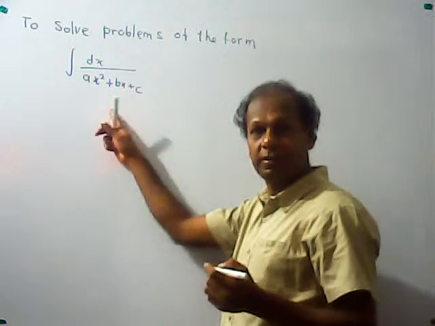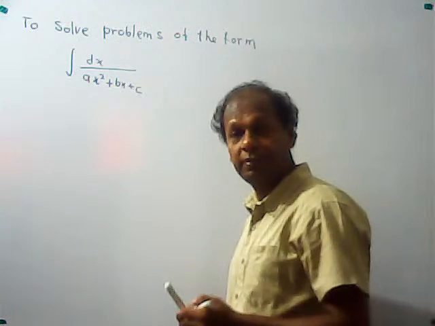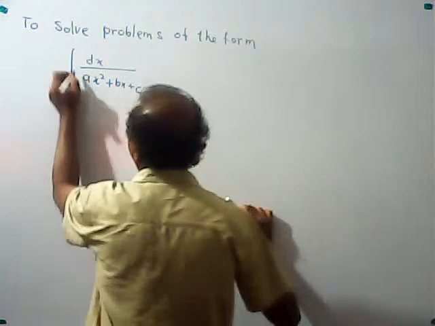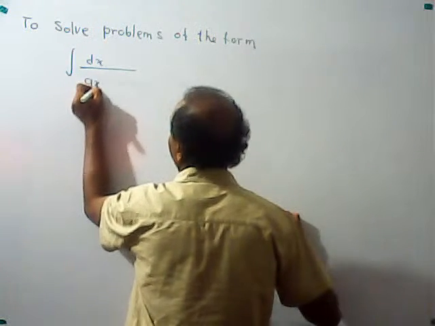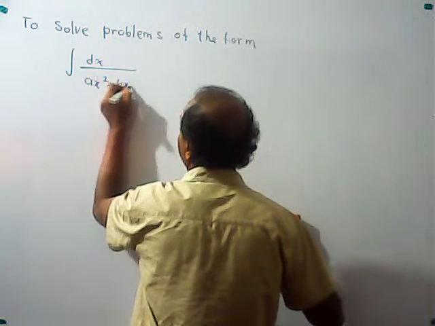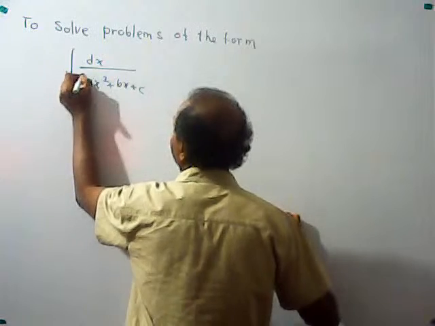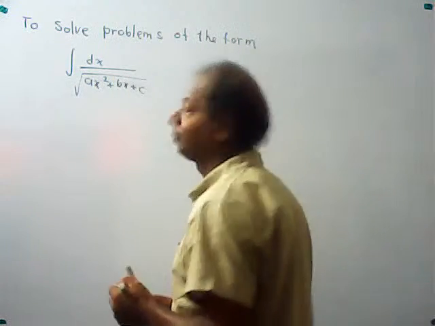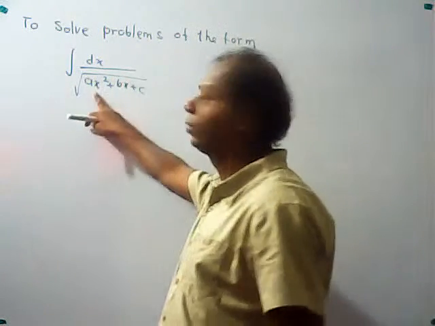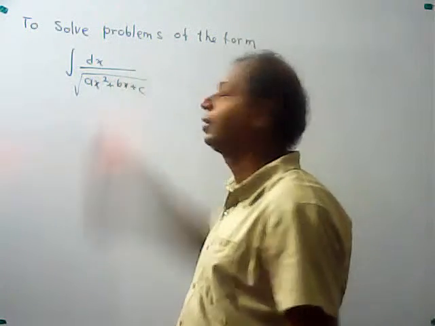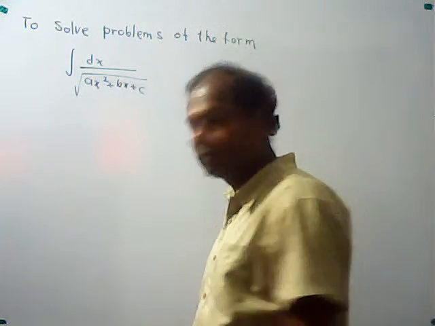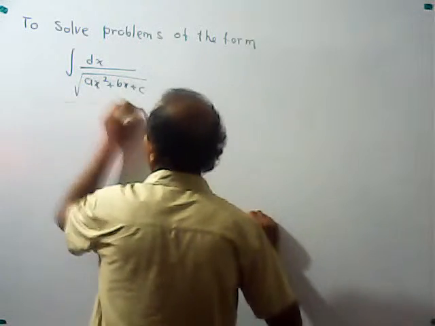This is what we just discussed. Now the difference is in this module it is ax squared plus bx plus c with the square root. So that's the difference: 1 over square root of ax squared plus bx plus c. How to integrate a function like this, right?